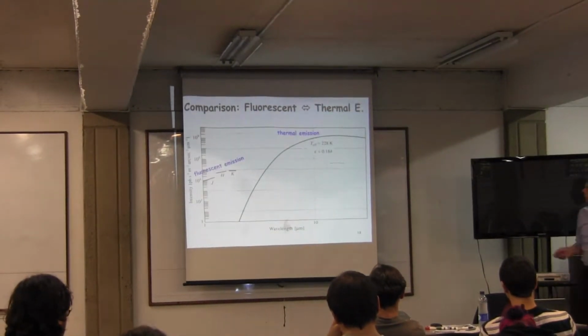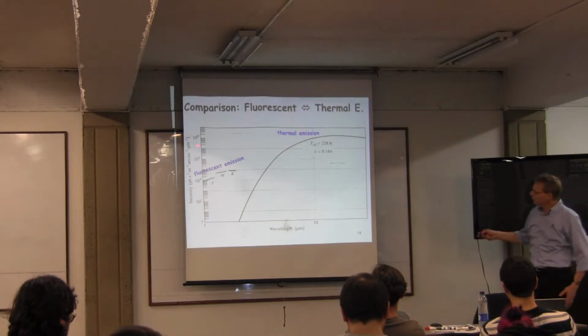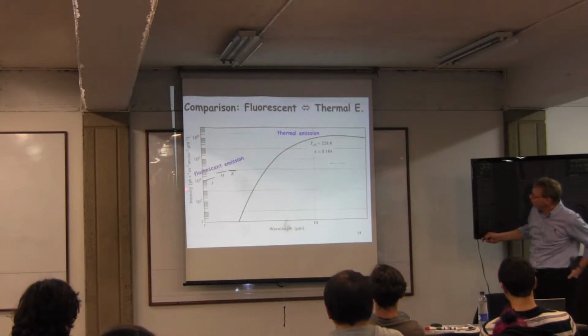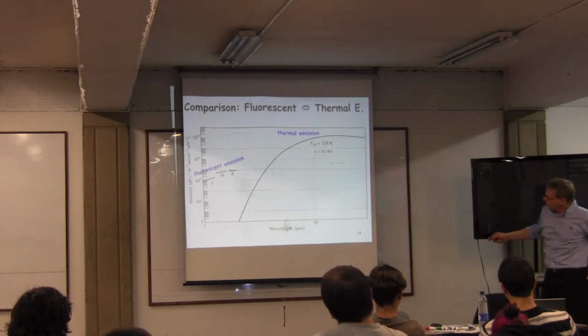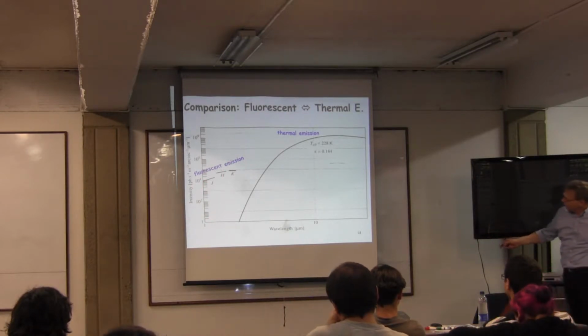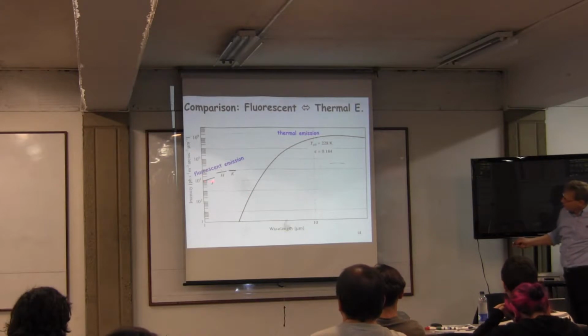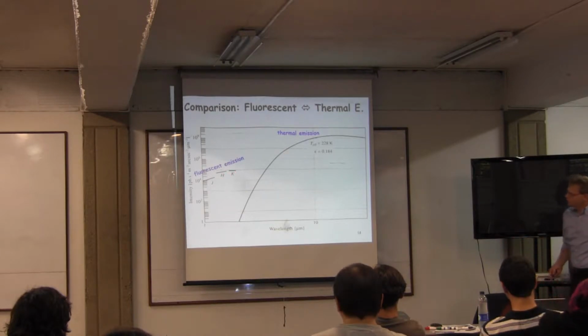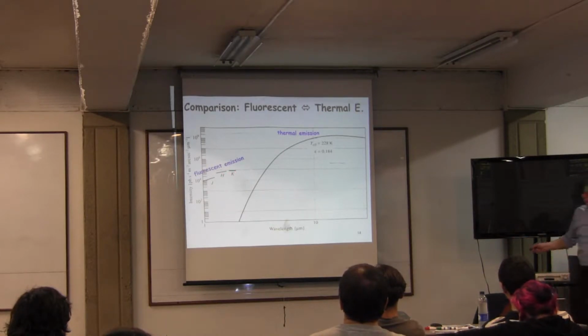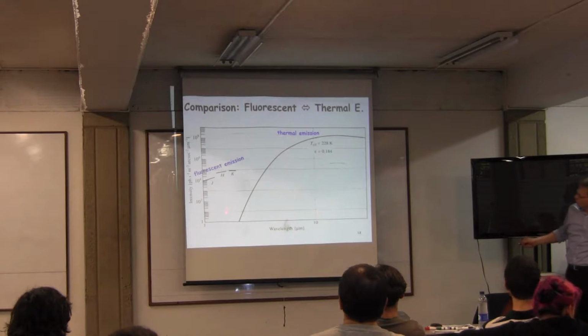And we can just compare here. This is the intensity, as a function of wavelength. Here for the near-infrared bands, JHK, it's 1.2, 1.6, 2.2 micrometers. And then you have the thermal emission here.